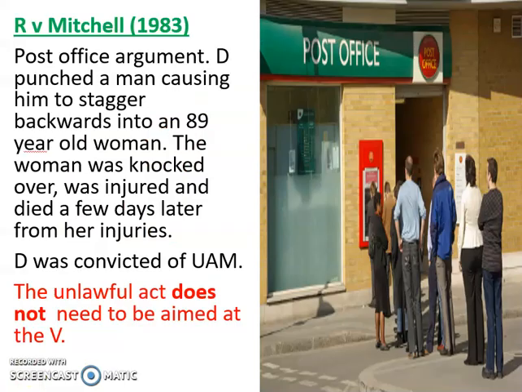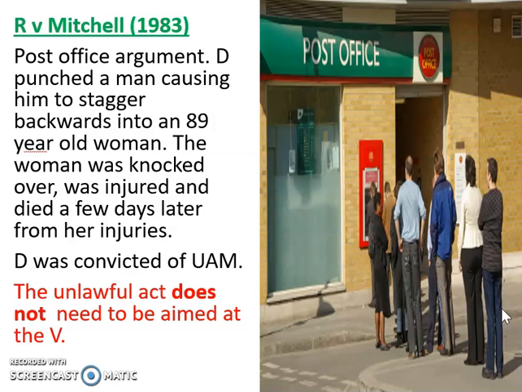On this same issue of dangerous act, we've got the case of Mitchell. We studied this case when we were doing transferred malice, if you remember. And this was an argument in a post office queue where a man punched and pushed a man, and the man staggered backwards and fell into an elderly lady who tipped over and later died.